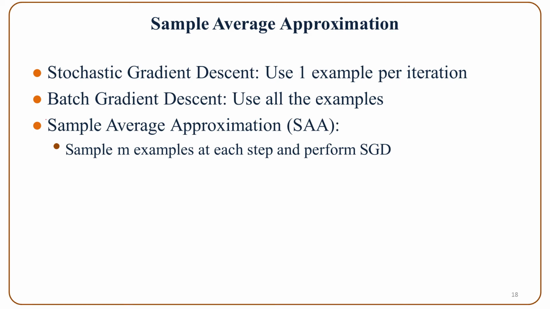Another algorithm is sample average approximation, or SAA, which samples m examples at each step and performs stochastic gradient descent. So this is kind of in between stochastic gradient descent and batch gradient descent.